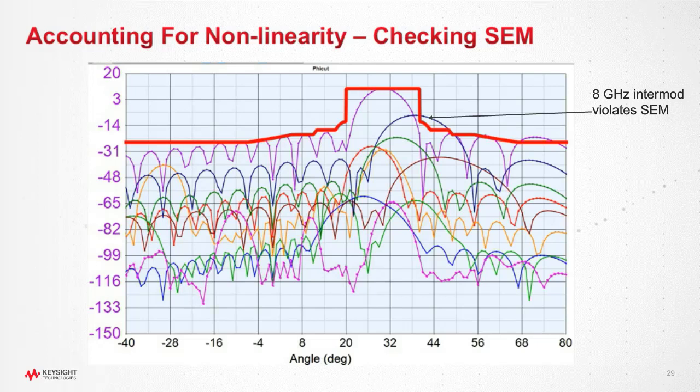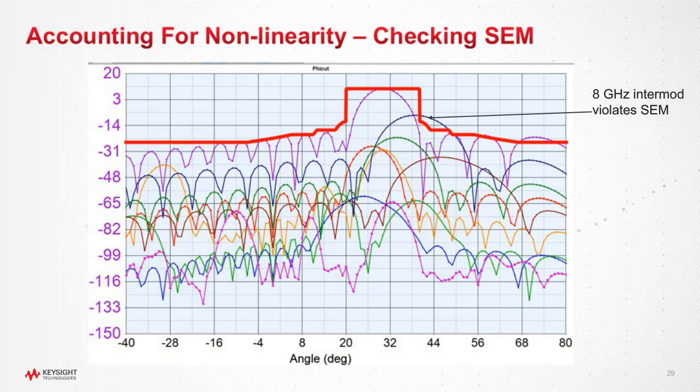By doing this, we can impose a mask as mandated by the standards bodies or the regulatory bodies, and see that nothing is violating the mask. We can clearly see here that the 8 gigahertz intermodulation, an unwanted spurious product, is violating the mask. Since we identified it, we can hopefully fix this in the simulation itself.